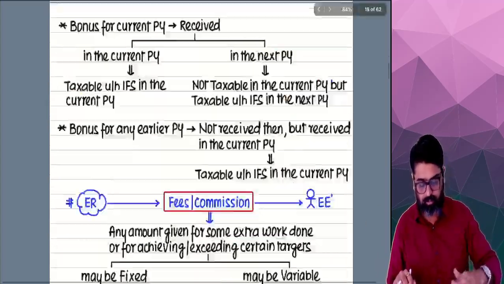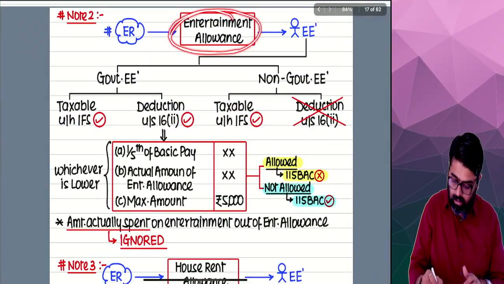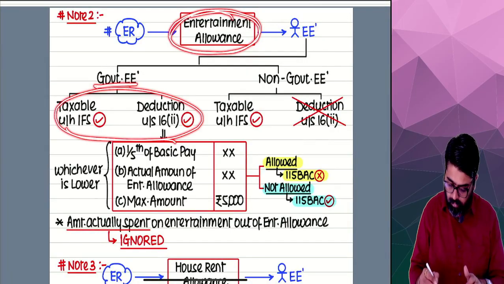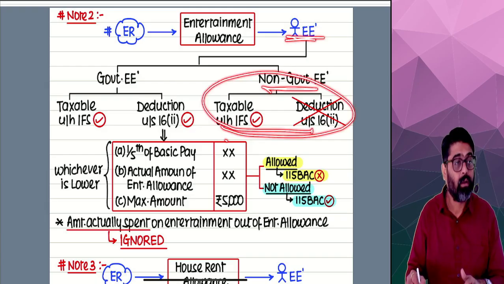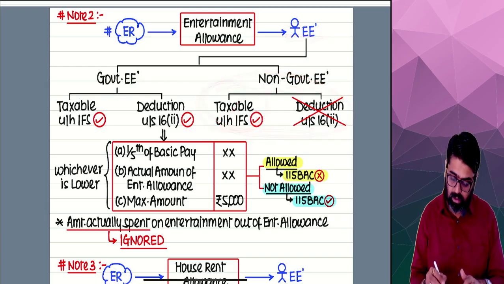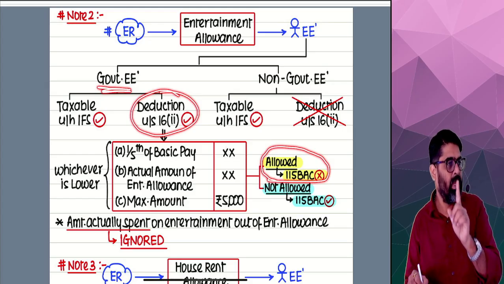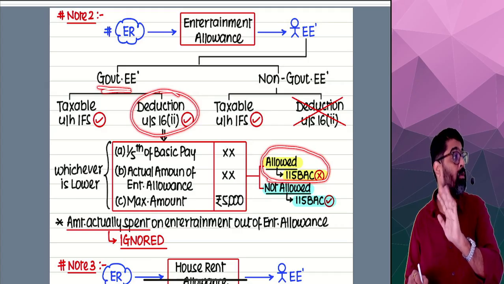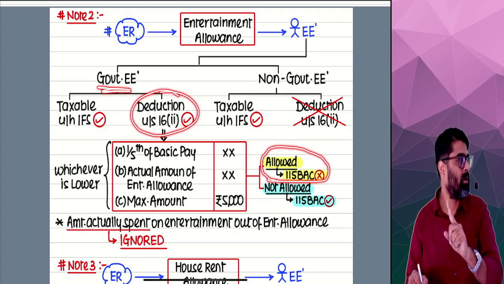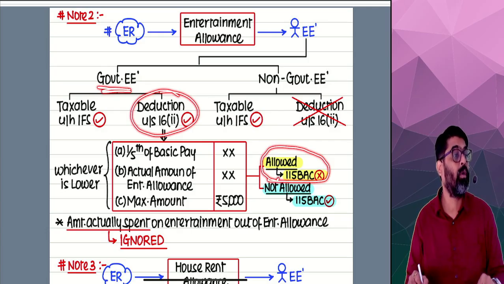Will you remember this? See. Entertainment allowance, government employee, two effects, and non-government employee, only one effect, that is taxable, no deduction. See, the deduction will be available to a government employee only if they shift out. 115BAC cross mark means 115BAC not followed.